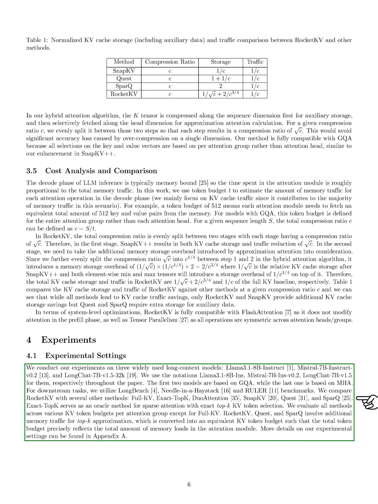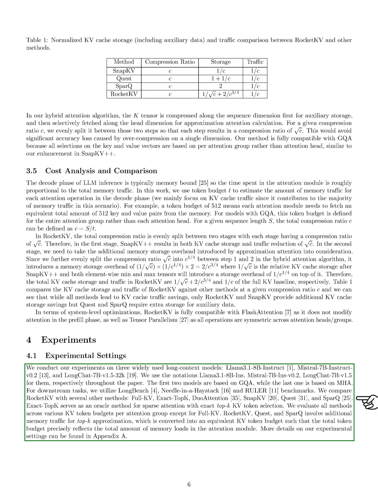For our experiments, we utilize 3 popular long context models: Llama 3.1-8B Instruct, Mistral 7B Instruct v0.2, and LongChat 7B v1.5 32K, which we refer to as Llama 3.1-8B INS, Mistral 7B INS v0.2, and LongChat 7B v1.5 throughout the paper.